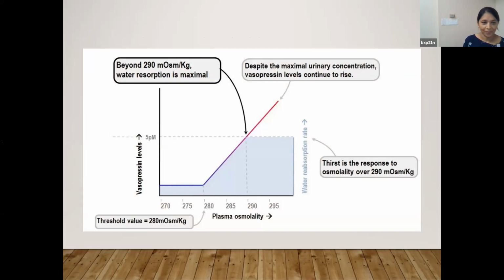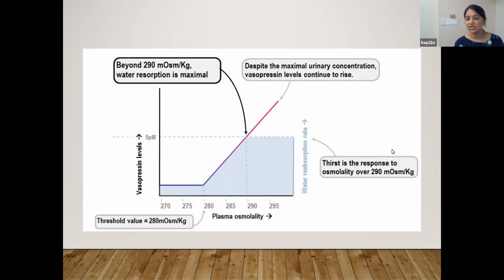So here, I wanted to project this. Basically, normal plasma osmolality, when we reach around 280 and beyond, that's when the ADH secretion will come in.